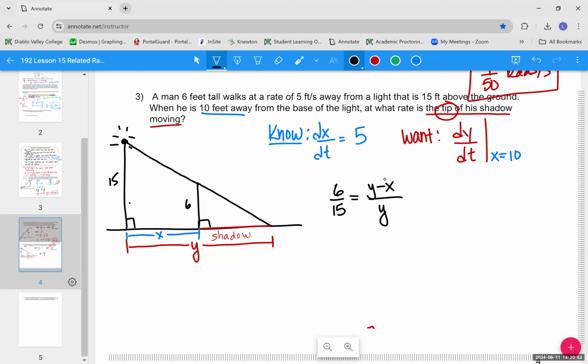Okay, so here is an equation that relates x and y, the two things, one that we know about, one that we want. You would absolutely be silly to try to take a derivative with it in this form. I would definitely advise you to simplify this first, and in fact, you can solve for y.